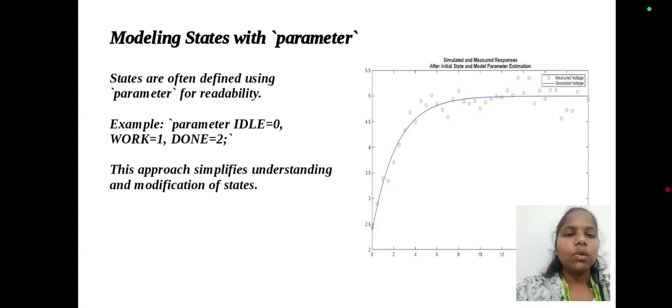This approach simplifies understanding and modification of states. Observe the graph: measured voltages, simulated voltages.